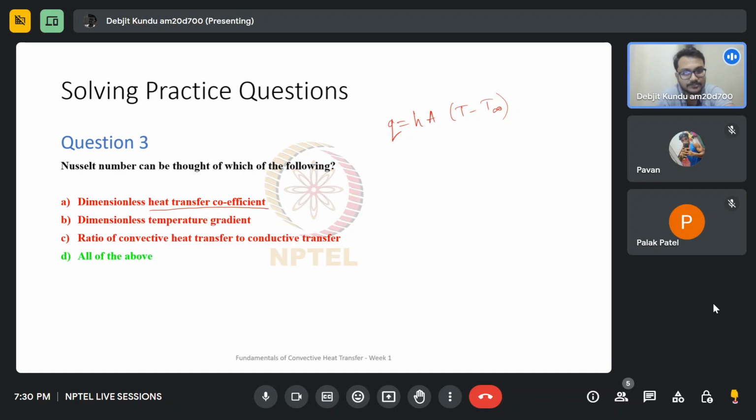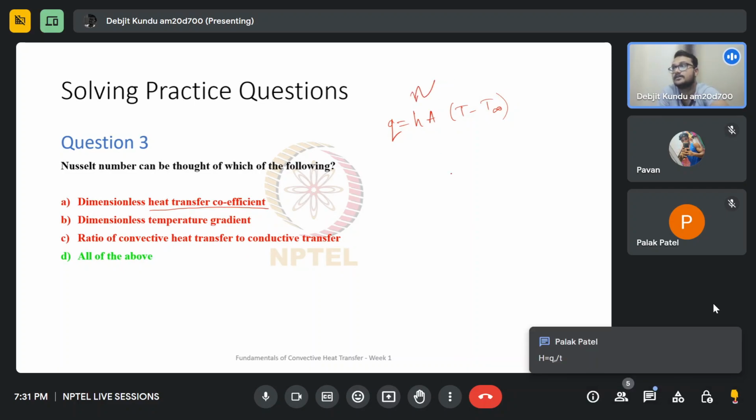No responses? Anyone? It's this H which is known as the convective heat transfer coefficient. So, yeah.